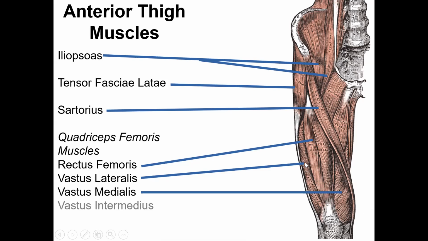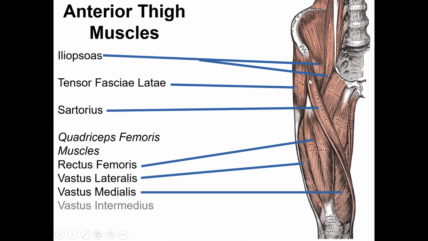The second is vastus lateralis, so this bulky muscle on the lateral aspect of the thigh. And then vastus medialis on the medial aspect of the thigh. And then if we were to peel away rectus femoris, we would see vastus intermedius, which is a deeper muscle underneath these three.